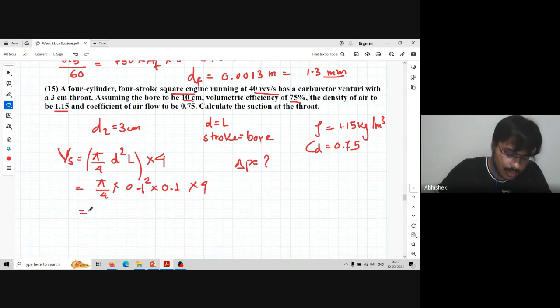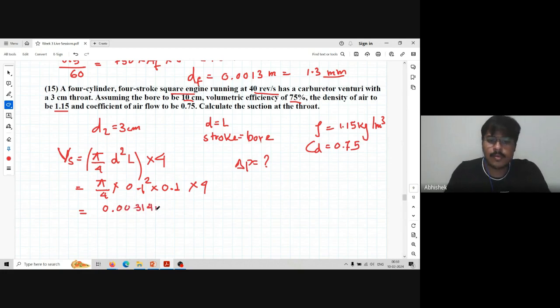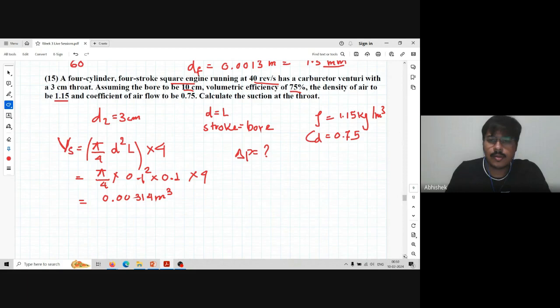So how much are you getting? Somewhere around 0.00314 meter cube. So we are getting VS as this.